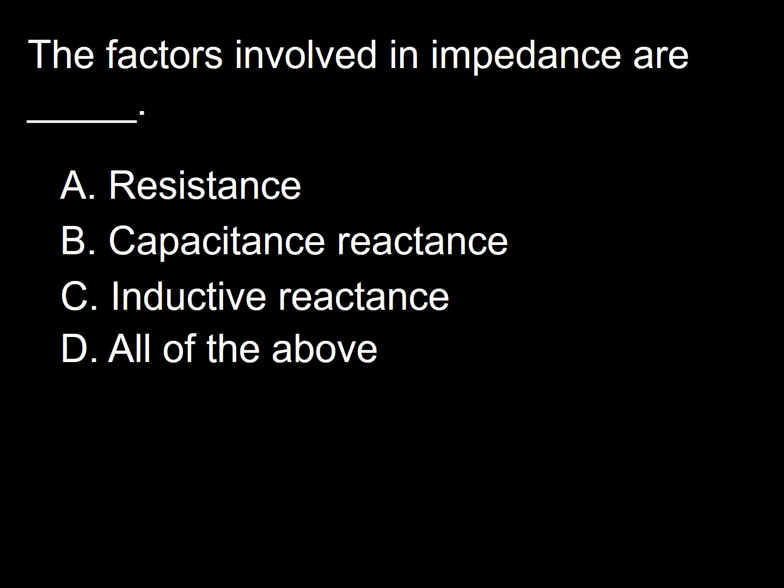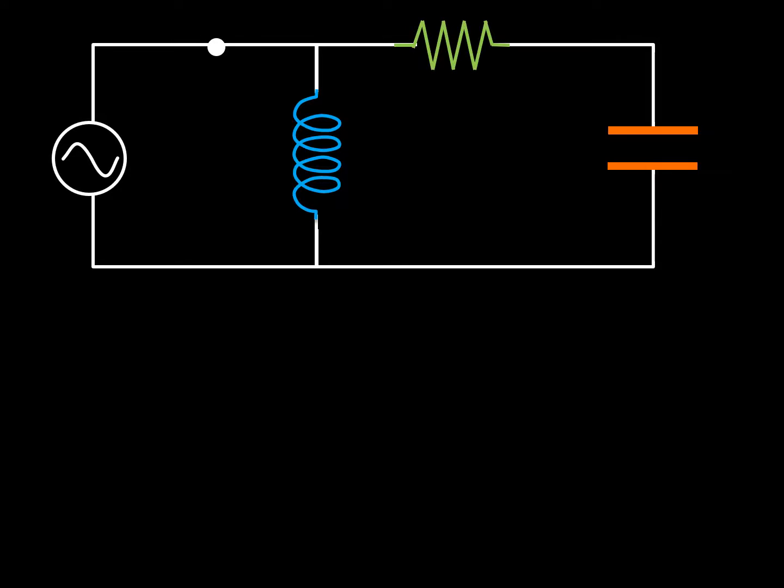Next question. The factors involved in impedance are A. Resistance, B. Capacitance reactance, C. Inductive reactance, D. All of the above. Impedance is a quality of alternating current brought about by the back and forth movement of charges in a circuit composed of resistors, capacitors, and inductors. So it includes resistance, capacitance reactance, and inductive reactance.